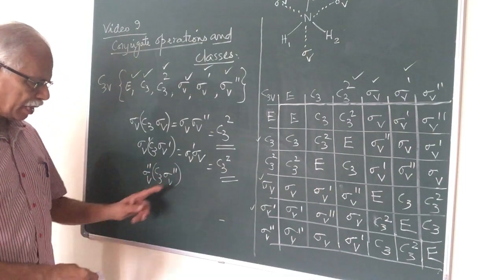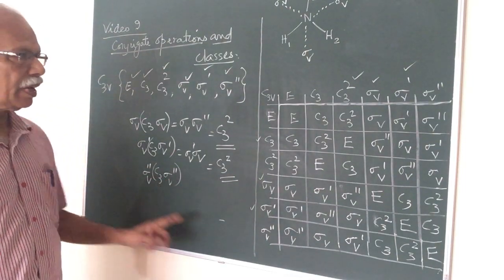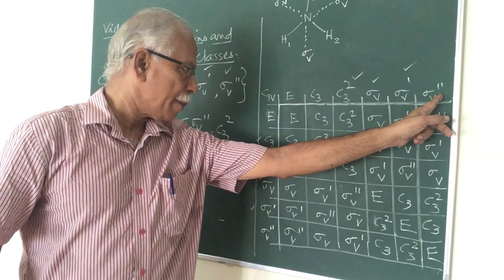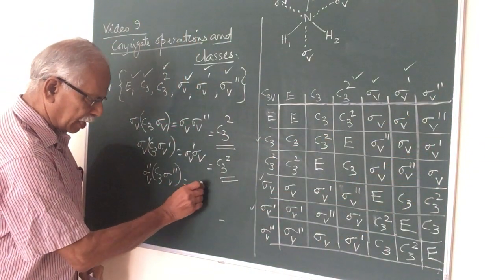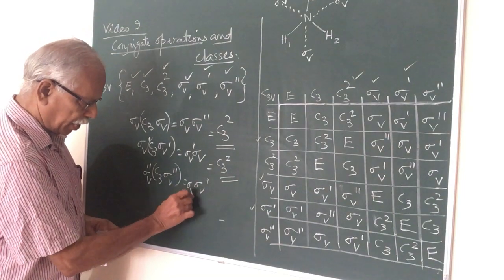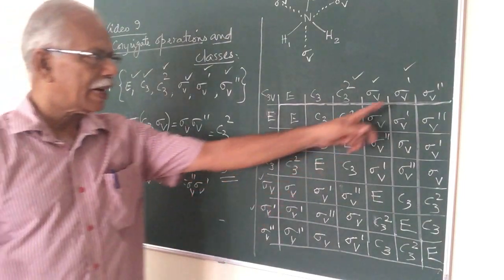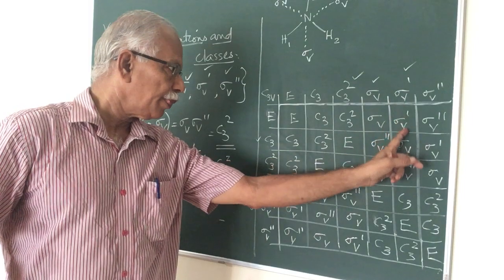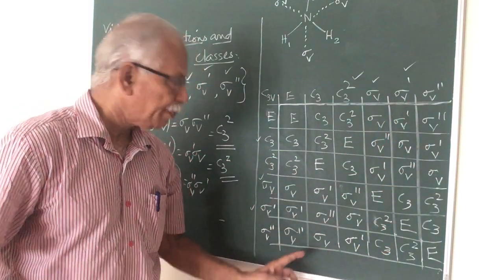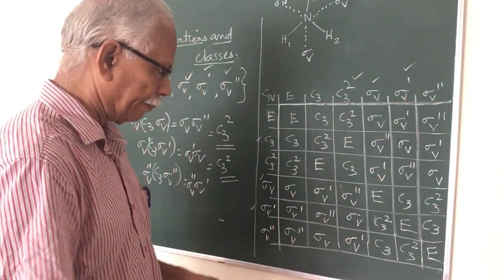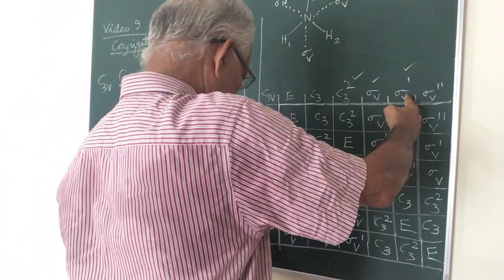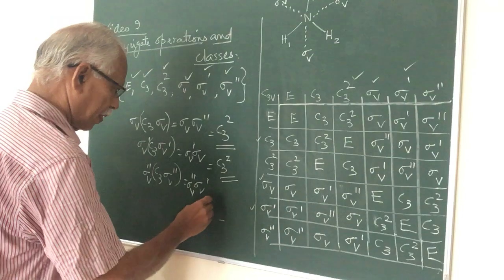Combine these two: sigma v2 dash C3 is giving sigma v dash, and sigma v dash into sigma v2 dash is C3 squared.